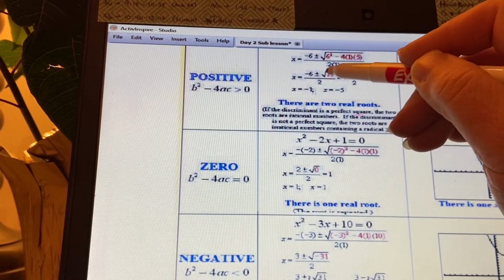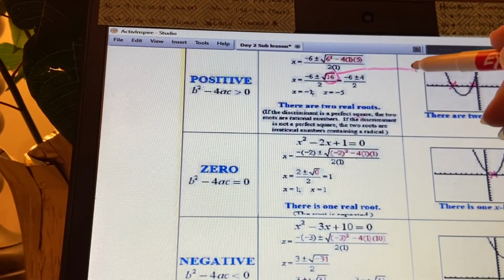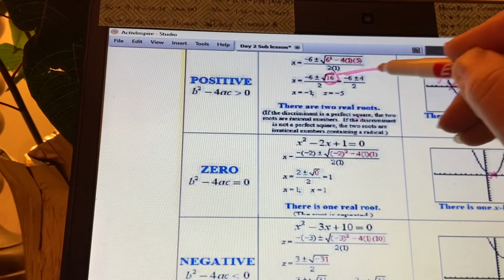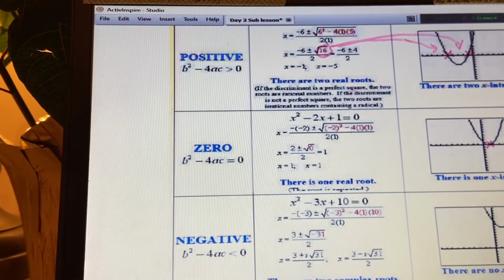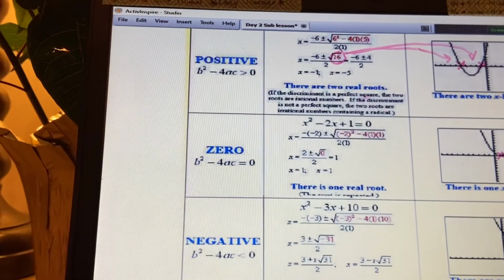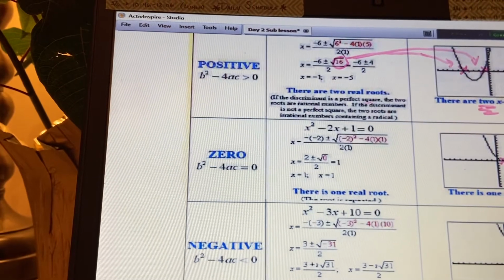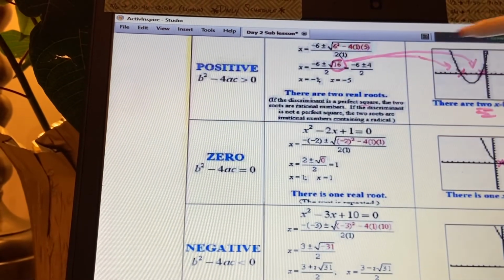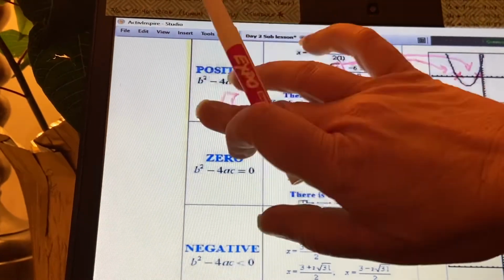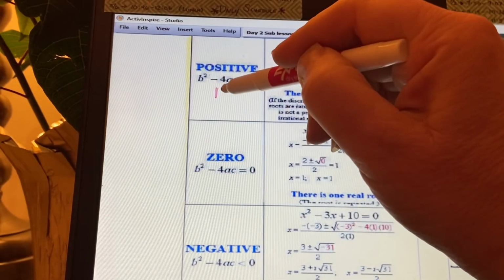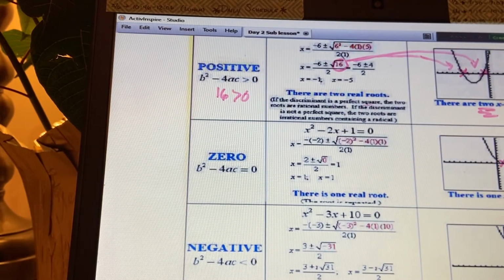All you have to do is figure out what your discriminant is, and that tells us it's going to have 2 x-intercepts if you are greater than 0. So we had 16, which is greater than 0. Therefore, we had 2 real roots.